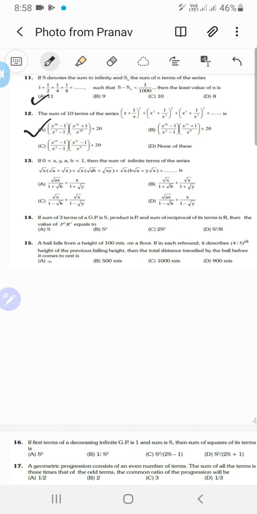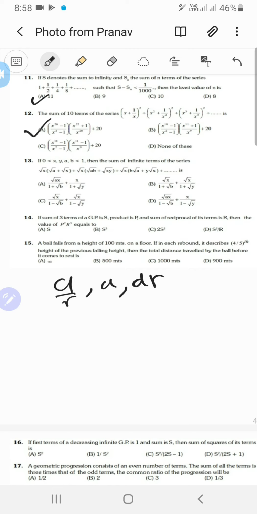Okay, if the sum of 3 terms of a GP is S, the product is P, and the sum of the reciprocals of its terms is R, then the value of P squared R cubed is equal to what? Suppose these 3 terms are A upon r, A and Ar.